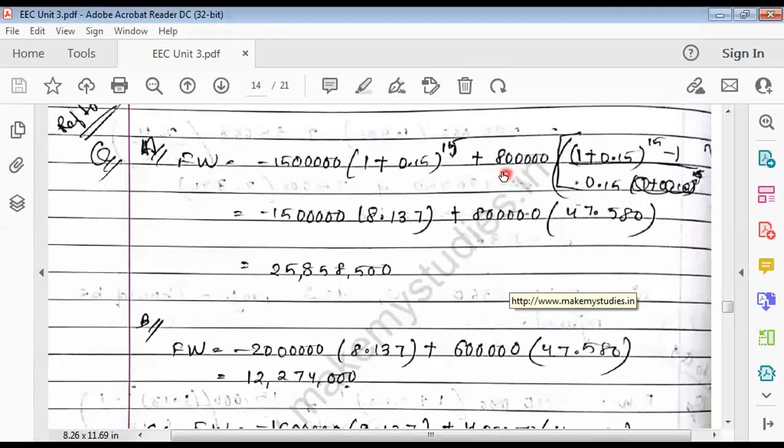What is 8 lakh? Annual returns. The question says the company expects to get a return of 8 lakh rupees every year till next 15 years from A. And that is the moment you understand that this is a case of annuity. This is an annuity problem. So accordingly, the second formula has been used, which is 1 plus R whole to the power t minus 1 whole divided by R.